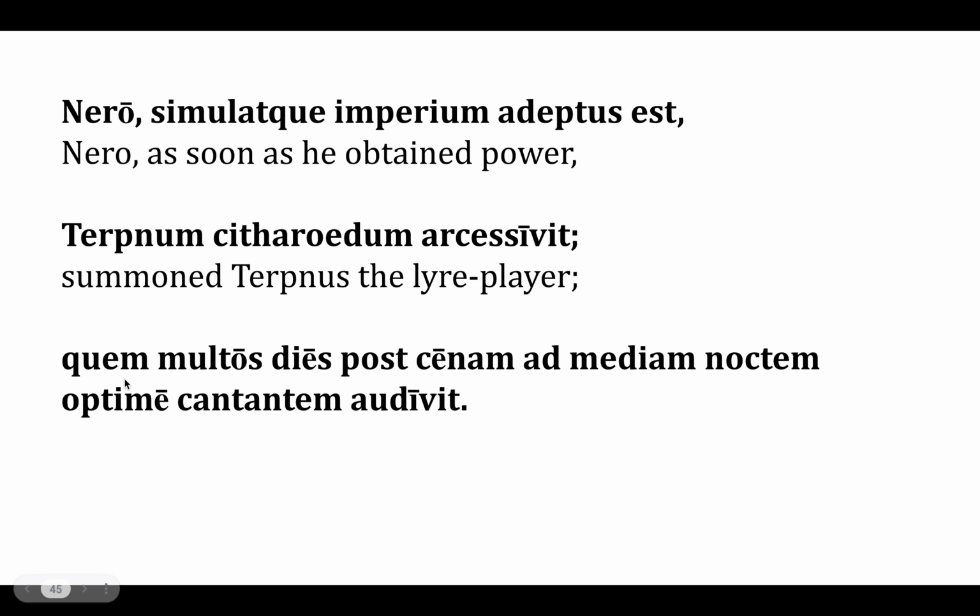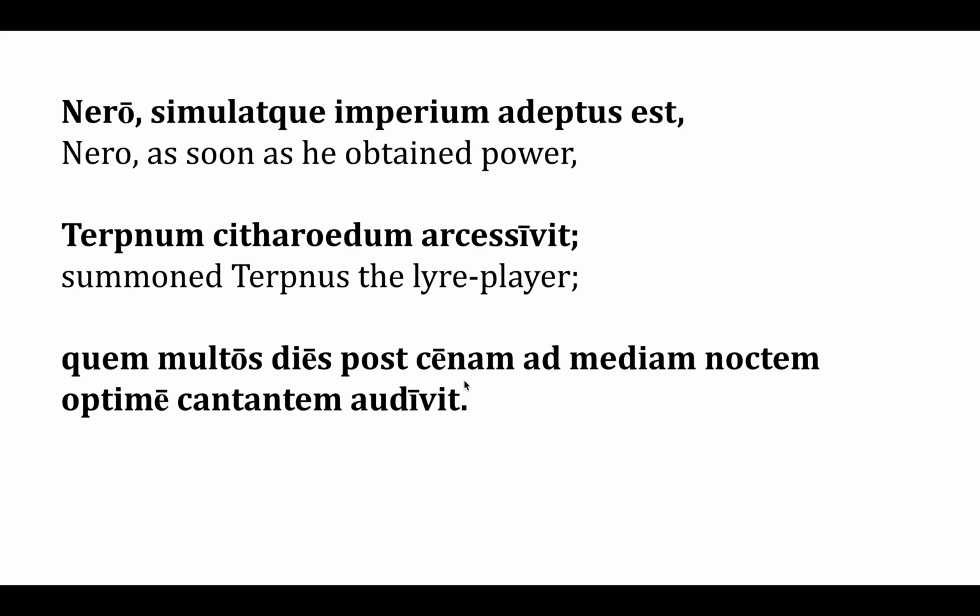So quem we translate as him. He heard him. And then multos dies, many days. And you notice that os ending. This is accusative. And when you have an accusative time phrase, you translate it as for a certain amount of time. So for many days.